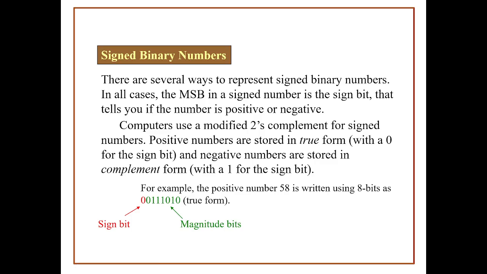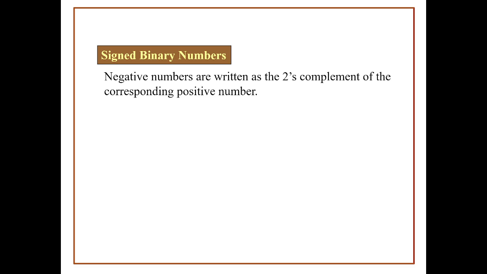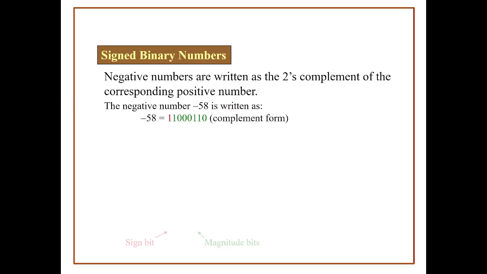Okay, to get the representation of this decimal number 58. Negative numbers are written as the two's complement of the corresponding positive numbers. So negative 58 we can write as the two's complement.